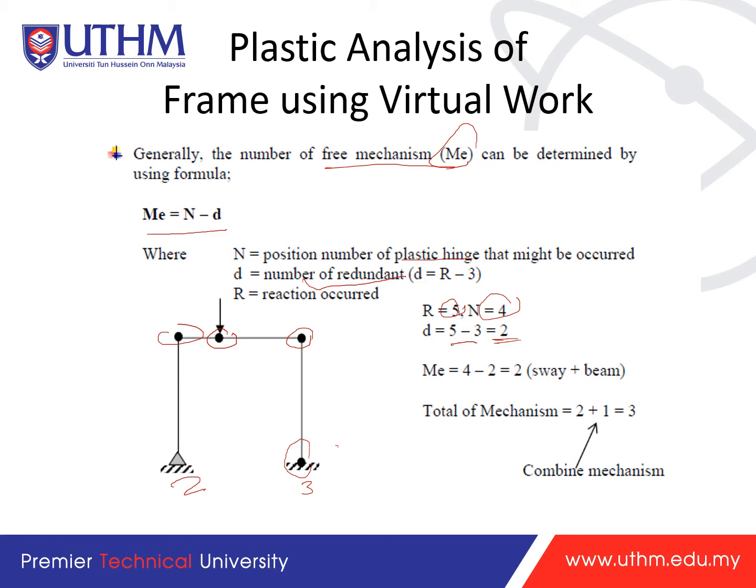ME is equal to N minus D, so 4 minus 2 is 2. This means that for this portal frame we have 2 independent mechanisms: one is sway and the other is the beam. So the total is 2 plus 1, meaning one sway, one beam, and one combined, so 3 mechanisms.